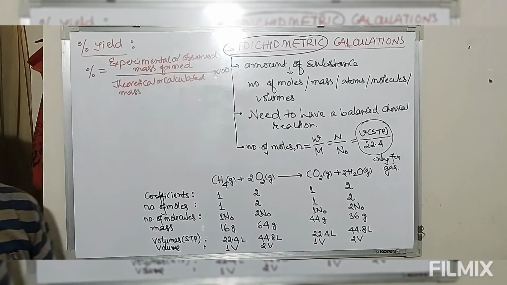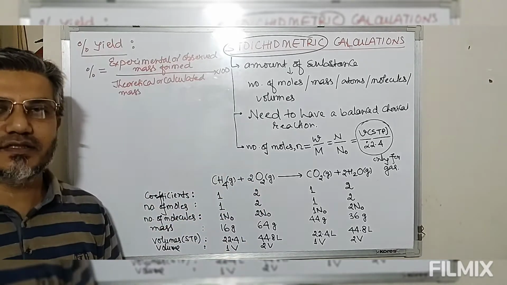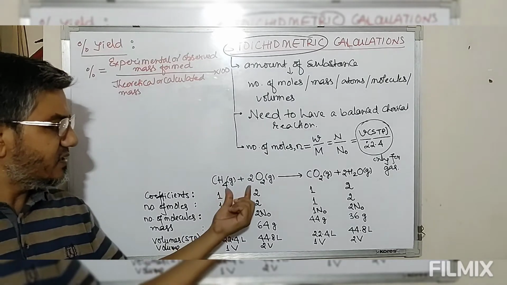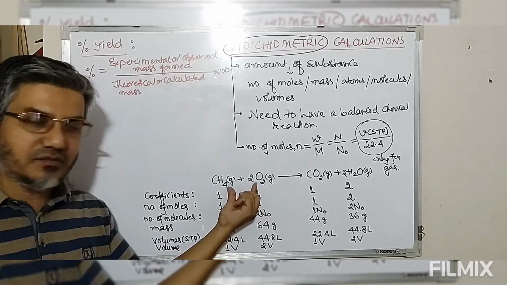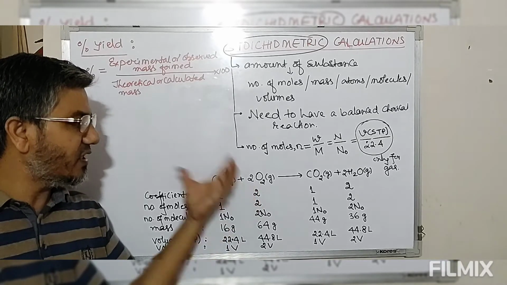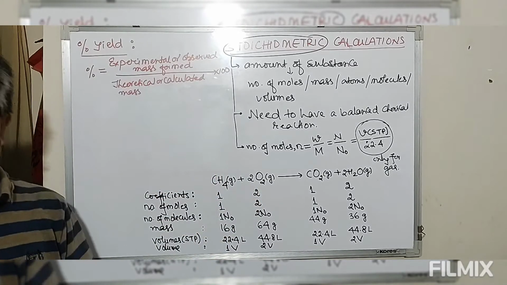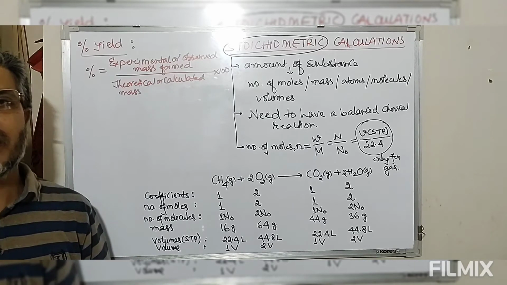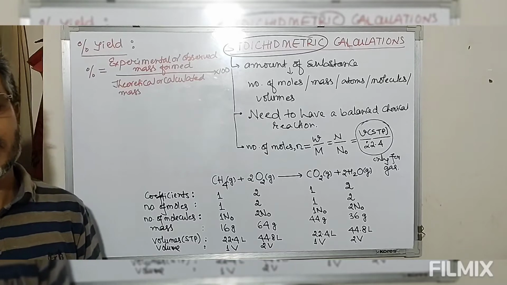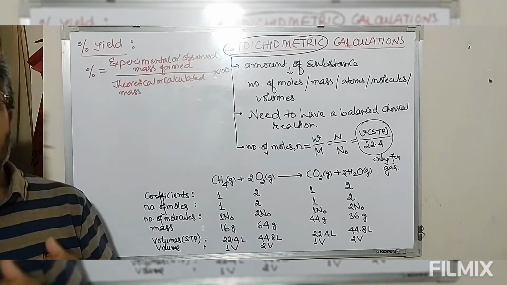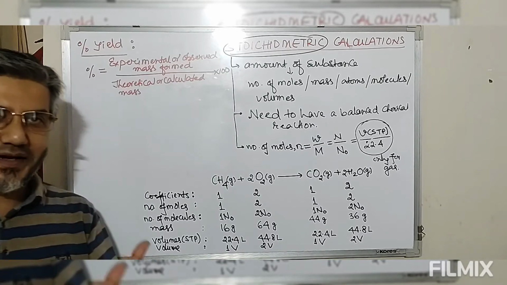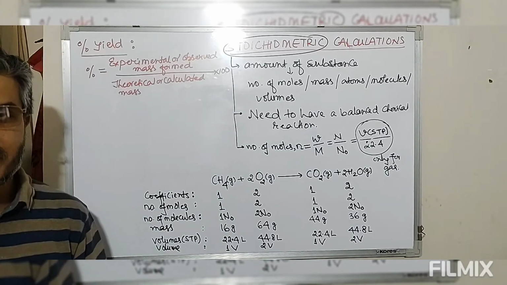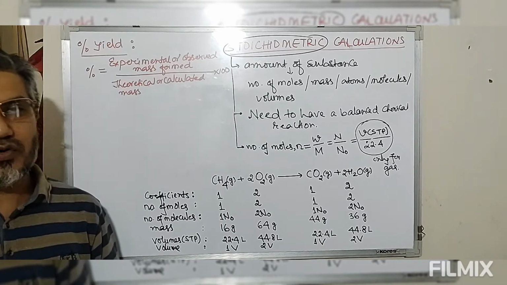Now the problem arises. We have a chemical reaction, and we can start this reaction by taking any amount of CH4 and oxygen. We can start the reaction with any amount of the combining reactants. So in this reaction, one of the reactants may be taken in large excess, whereas one of the reactants may be taken in a small amount. Now look at this.